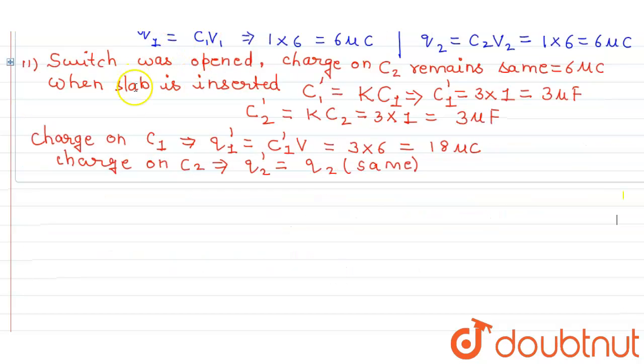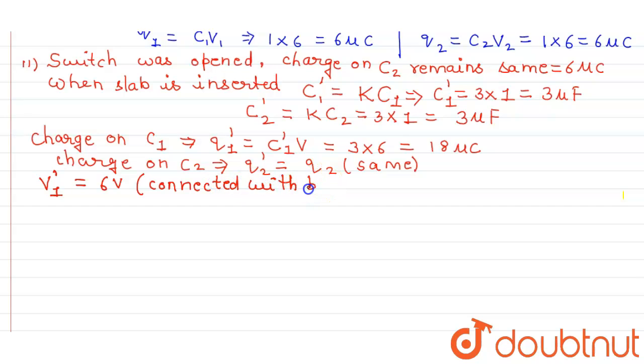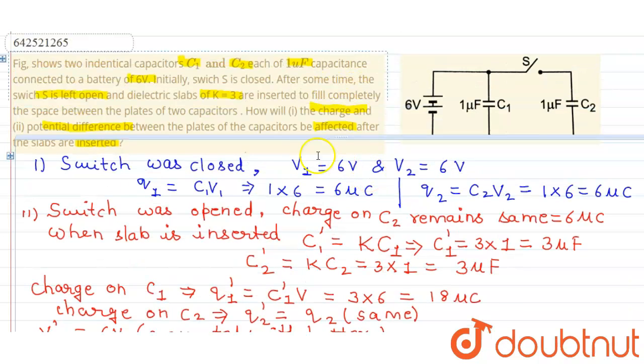On the first capacitor, the new potential difference V1 will remain the same, that is 6 volt, because it is still connected with the battery. Now what will happen to the second capacitor? It is not connected with the battery.